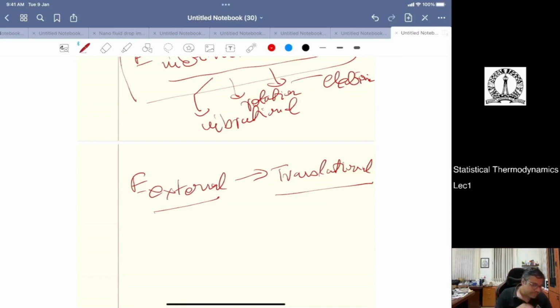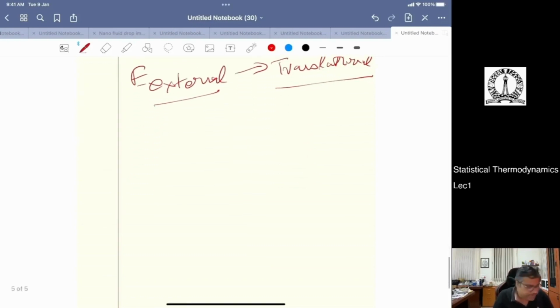So let's look at a particular figure as a roadmap of what we are supposed to do. On one side, you have quantum mechanics. What does quantum mechanics do?